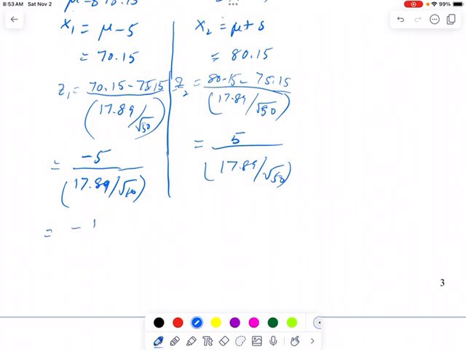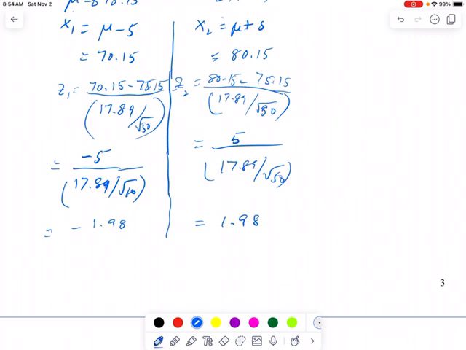And the second one is positive 1.98. So we got the same values but with opposite signs, plus or minus.